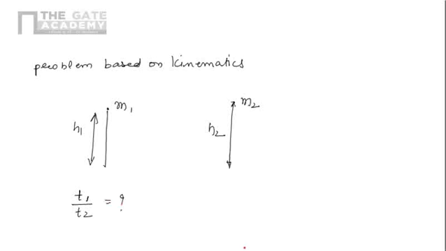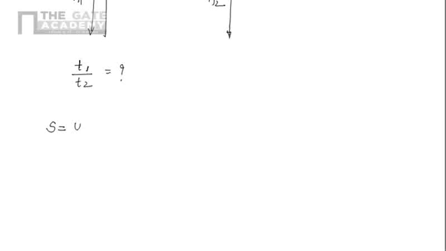Now it's a motion under gravity, so we can say it is motion with uniform acceleration. So we can apply all three equations of motion with uniform acceleration. I am applying this equation for m1, that is s equals to ut plus 1 by 2 at square. The mass m1 will travel a displacement of h1.